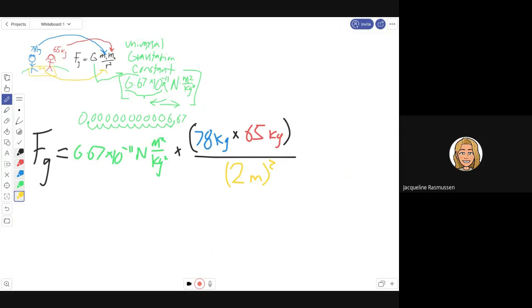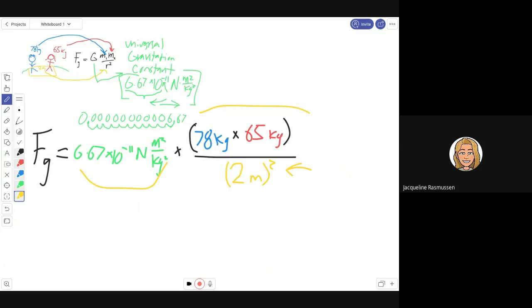And the place you should always start is with the exponents. So down here at the bottom, that's where we're going to start. 2 squared is 4. Since this is kind of separate from this, we're going to deal with this fraction first, and once we've got that into a whole number, then we'll worry about multiplying it by the scientific notation and the constant.